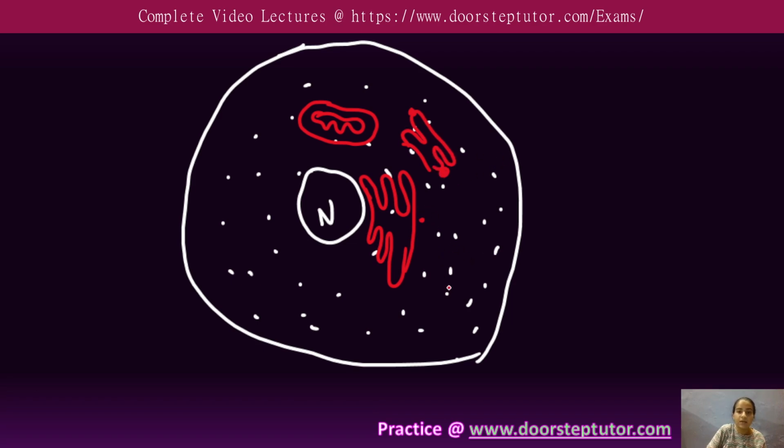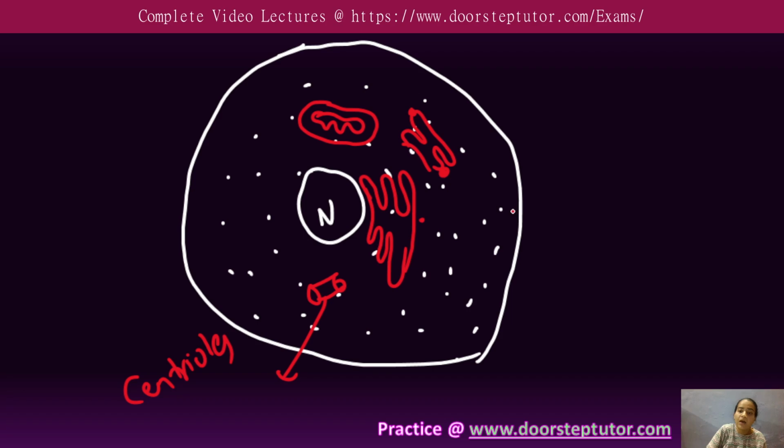And besides that, a vacuole is also present in the case of a plant cell. As in a plant cell, a large vacuole is present. And in the case of an animal cell, here we are drawing an animal cell, centrioles are also found. These are called centrioles.